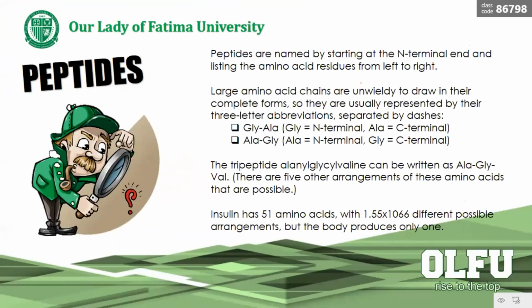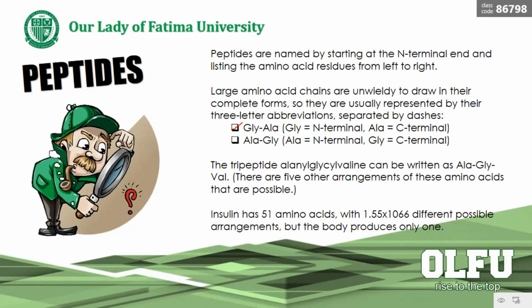So how do we name these peptides? Madali lang naman mag-name ng peptides. Yun nga lang, kailangan alam mo yung mga different amino acids. So again, nandun sa Canvas module, yung different amino acids natin. So we have two example here, glycine and alanine. Paano natin papangalanan 'yan? Kung ano yung nasa most right portion, we keep the name of that amino acid. For example, this one, alanine. So we keep that name.